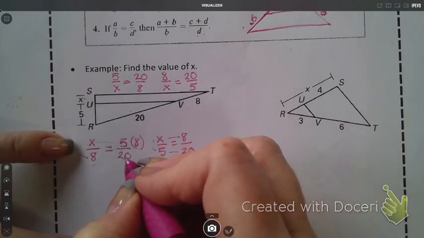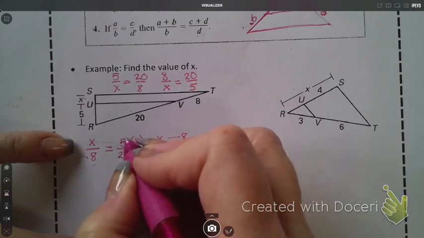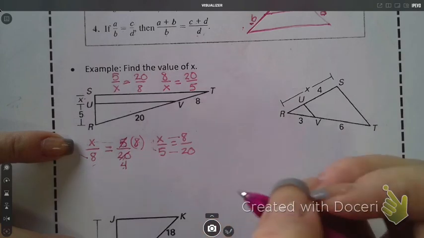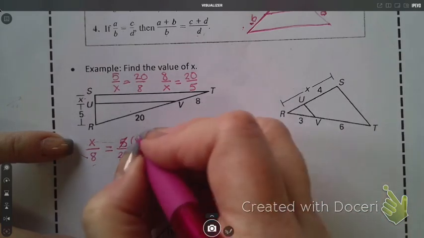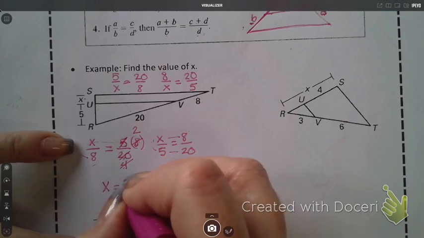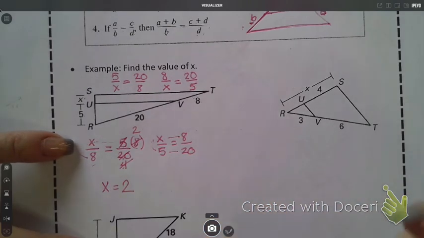Does 5 go into 20? Yes. So how many times? 4. Does 4 go into 8? Yes. Twice. So my answer is what? 2. You could have done 40 divided by 20, but that's pretty easy.